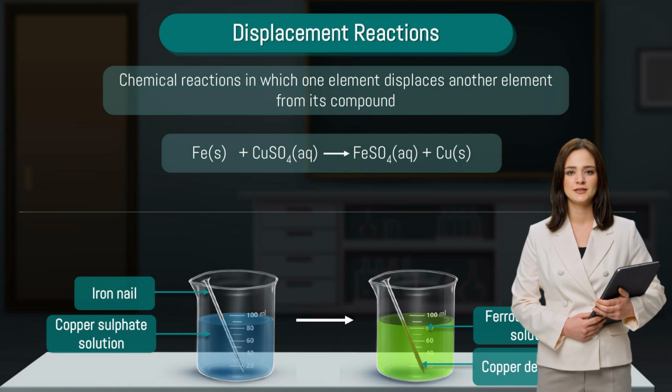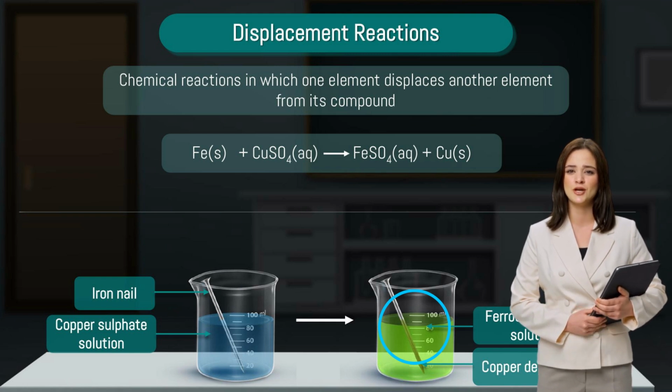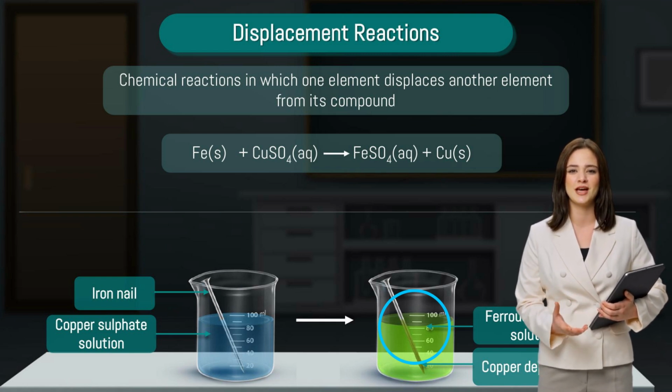In this case, the iron, Fe, displaces the copper, Cu, from the copper sulfate solution. The initial blue copper sulfate solution turns into a green ferrous sulfate solution, FeSO4. Simultaneously, a reddish-brown layer of copper deposition forms on the iron nail.